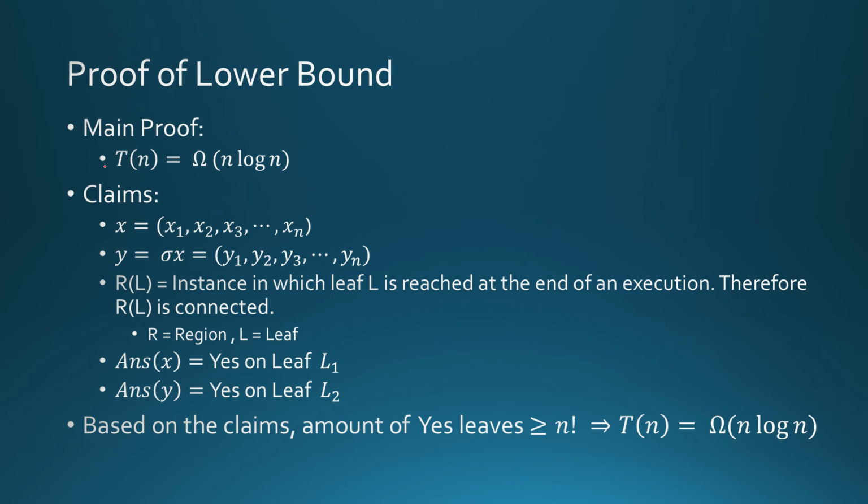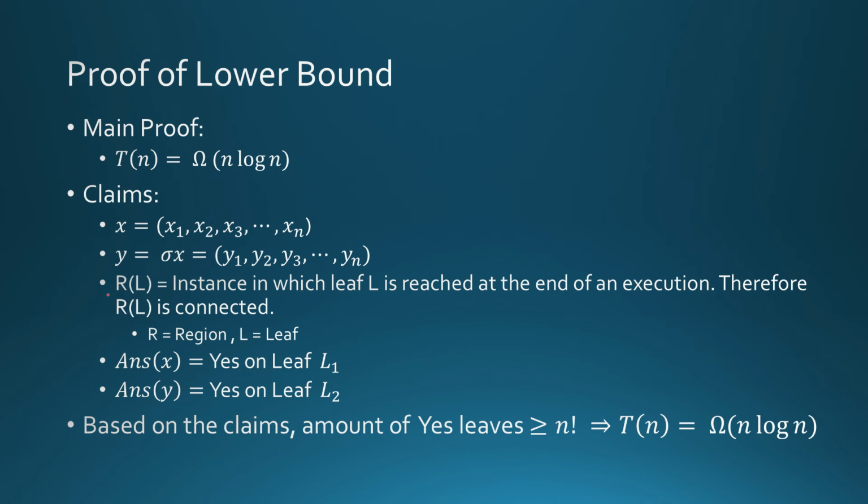The main proof is insinuating that the time complexity is omega of n log n. We're also claiming that x is an array of numbers from x1 all the way to xn, elements that are distinct from each other, right? And then we're saying that y is a non-trivial permutation of x, meaning that it has exactly the same elements, just in a different order, a random non-trivial order.